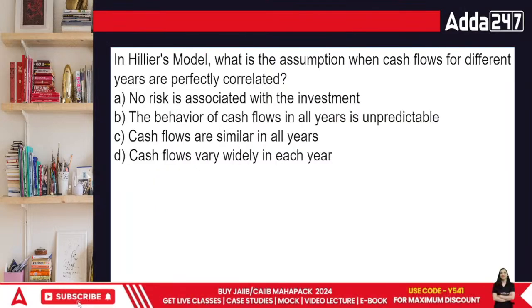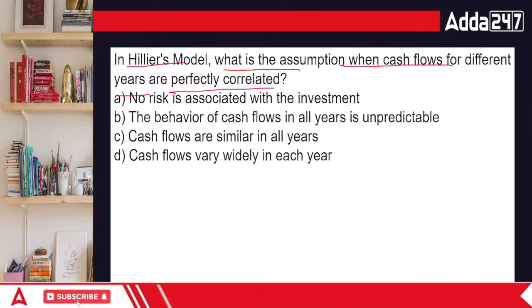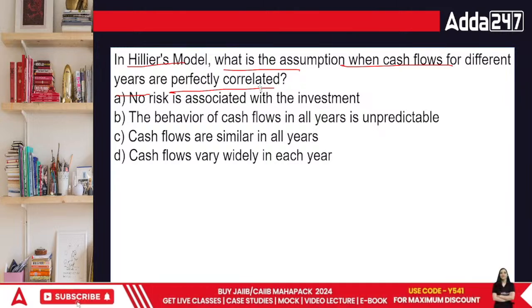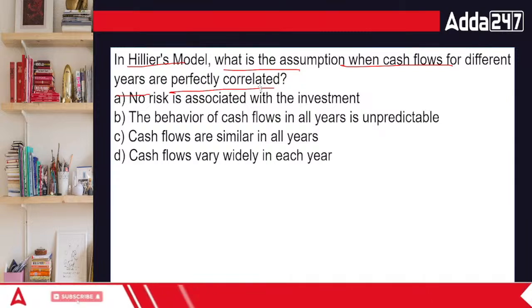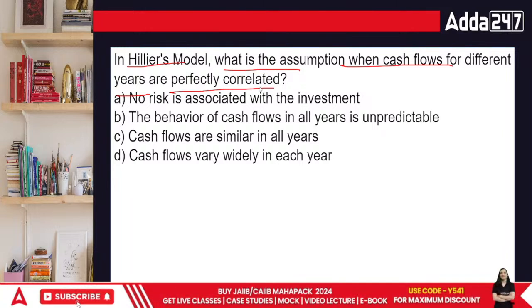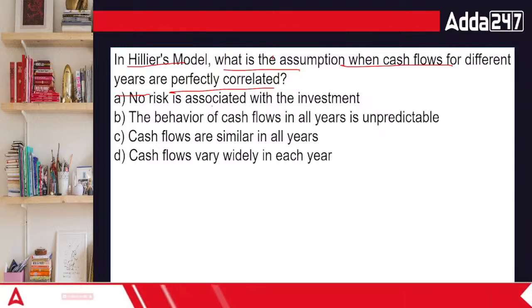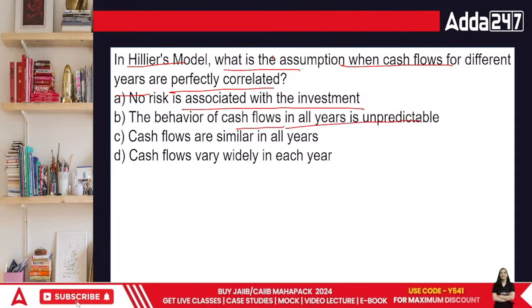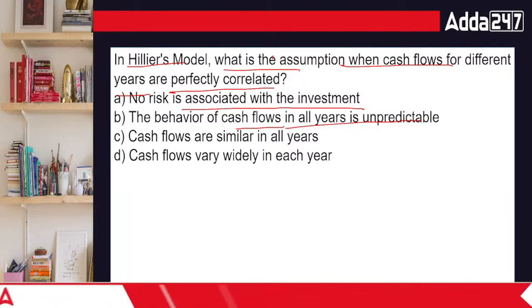In the Hillier model, what is the assumption when cash flows of different years are perfectly correlated? When things are correlated, we are trying to find the relationship between different forms of data. If they are correlated, then what will happen? Is no risk associated? No, it is not due to risk. Is the behavior of the cash flows in all these years unpredictable? No, when it is correlated, the data is linked.